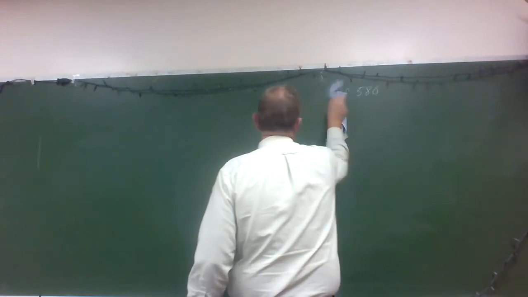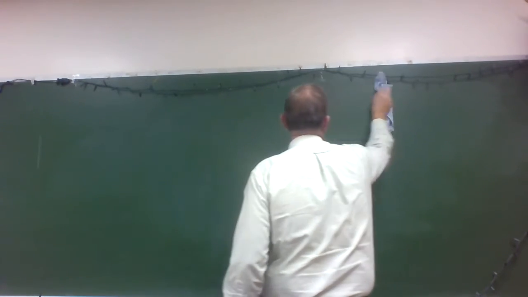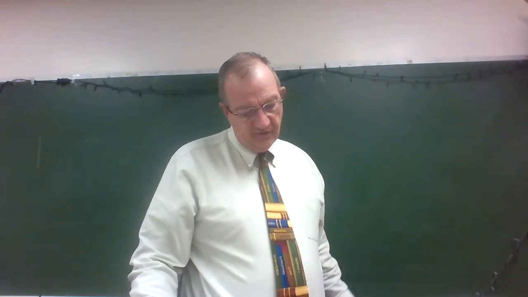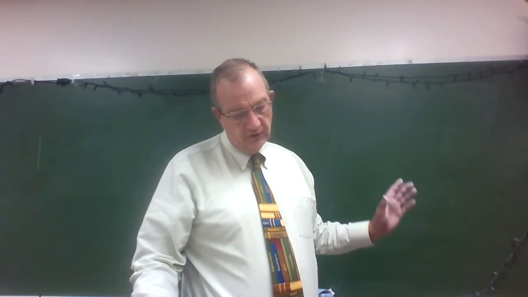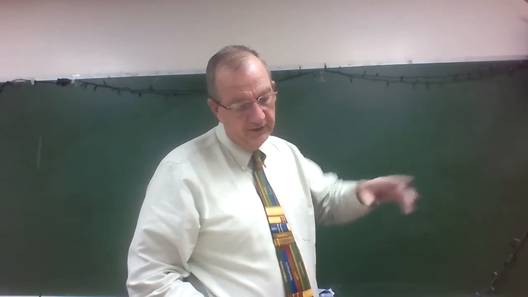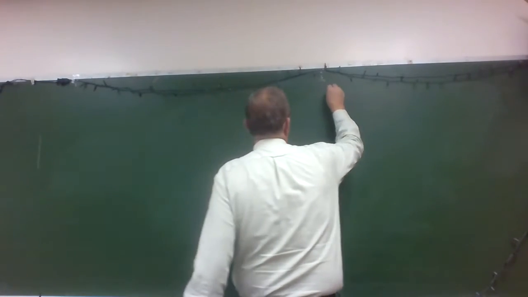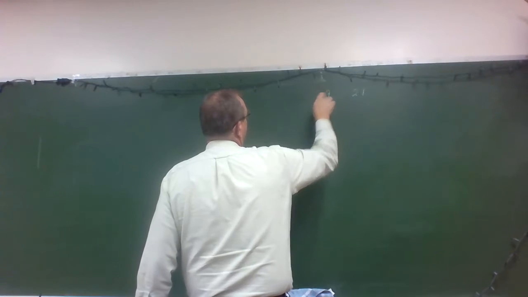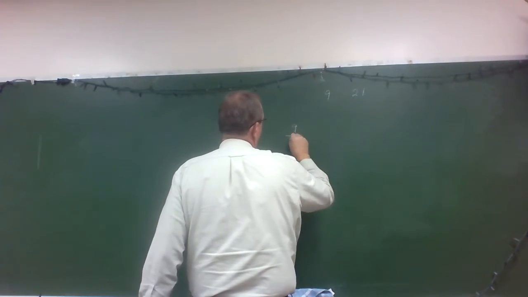All right, number 4. Number 4, letter A, says find the fractional part the first number is of the second. So you have 9 to 21. Well, you're going to do this, put 9 over 21.